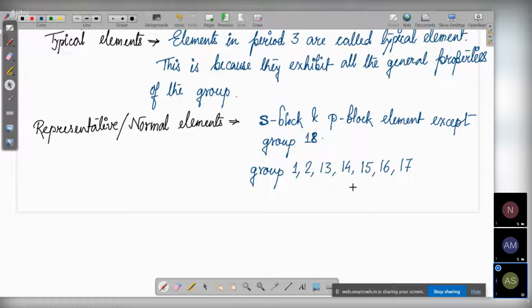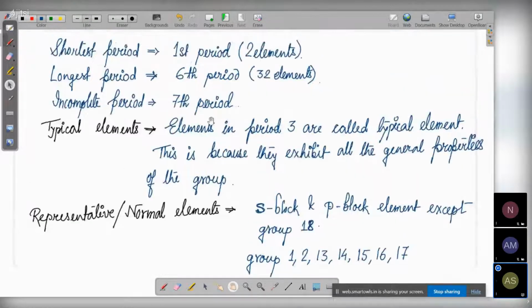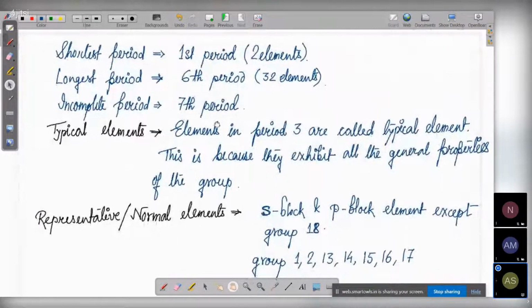So the typical elements are the elements present in period 3, whereas the elements present in group 1, 2, 13, 14, 15, 16, 17 are known as the representative or the normal element. That's just basic GK type definitions that you need to know.